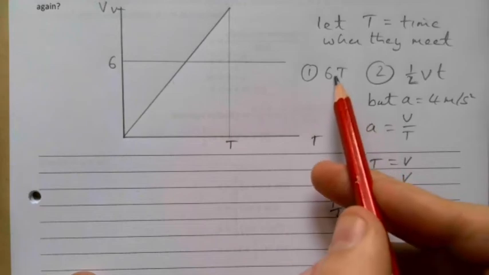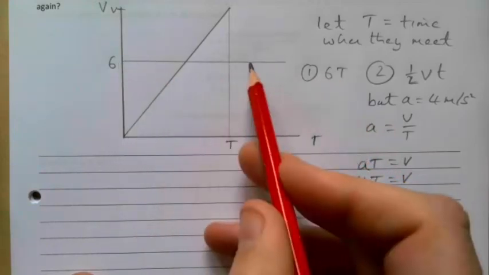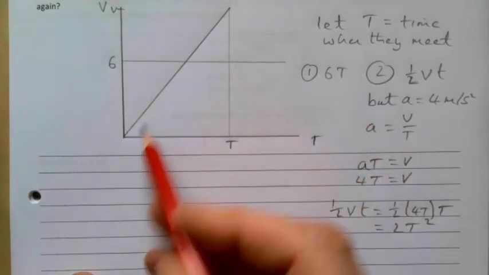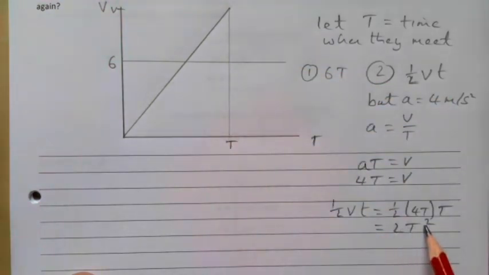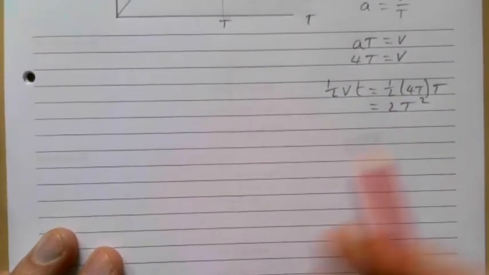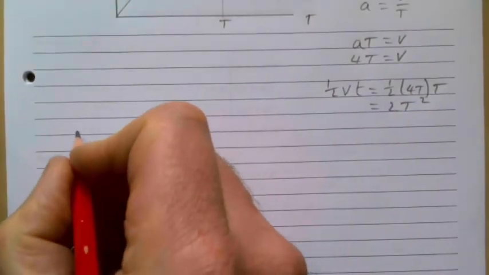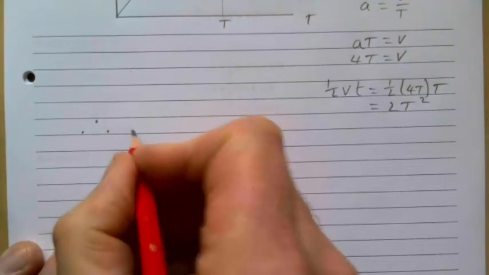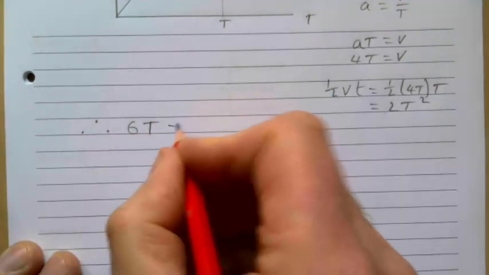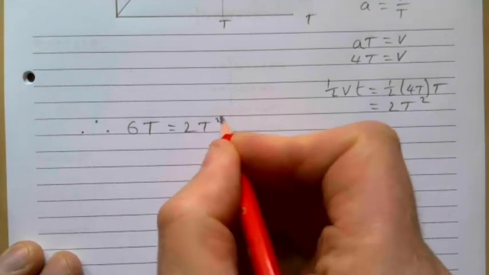So the distance travelled by this one here is 6t. The distance travelled by this one here is 2t squared, and obviously those two things are equal to each other. So let's put those two equal to each other. Therefore 6t equals 2t squared.